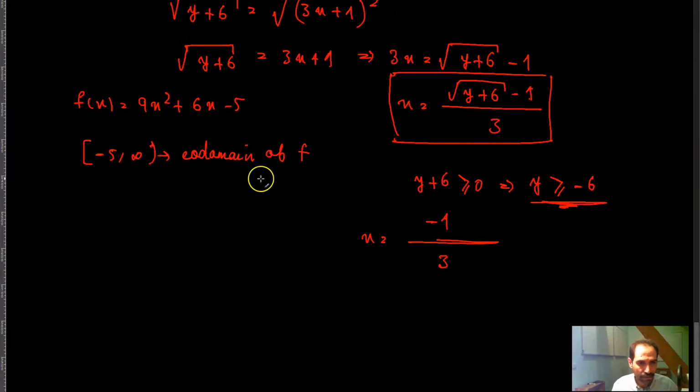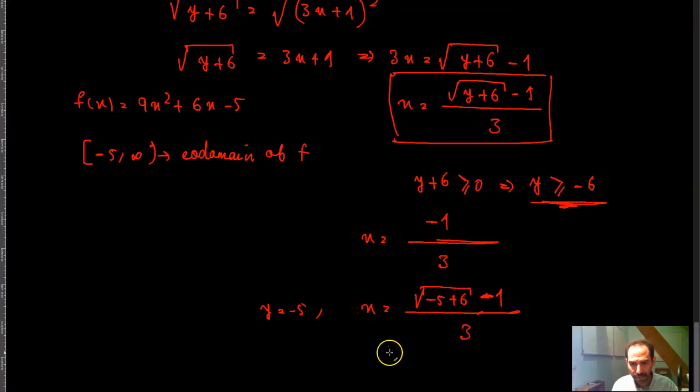So now I start from basically y equal to negative 5. If y is equal to negative 5, then x becomes basically the square root of negative 5 plus 6, minus 1, over 3, which gives me basically the square root of 6 minus 1, which is 1, minus 1, is equal to 0, so this becomes a 0.